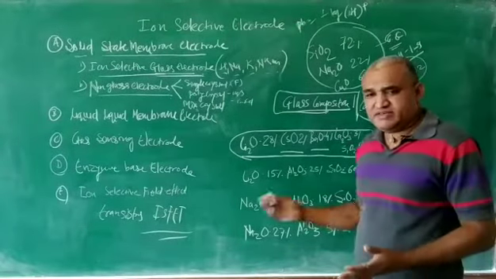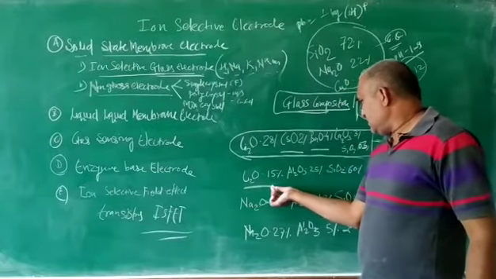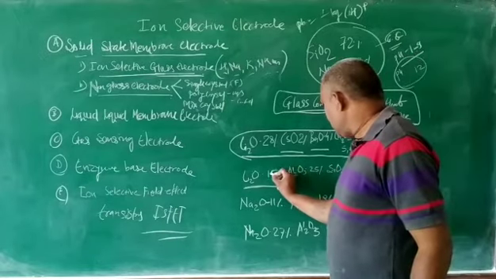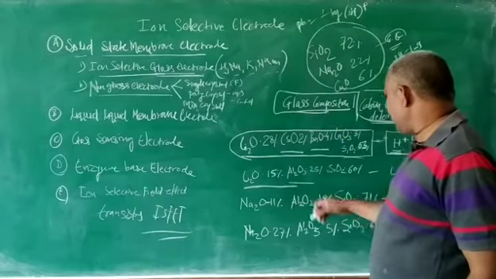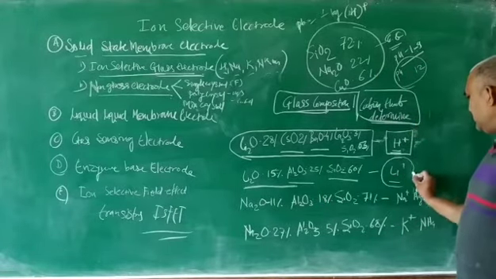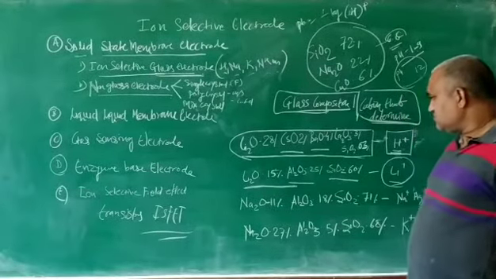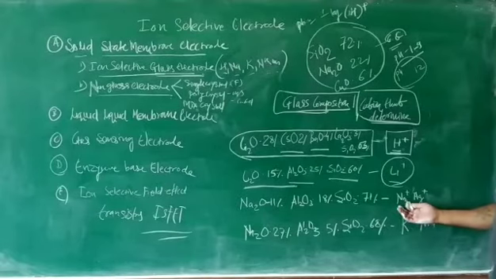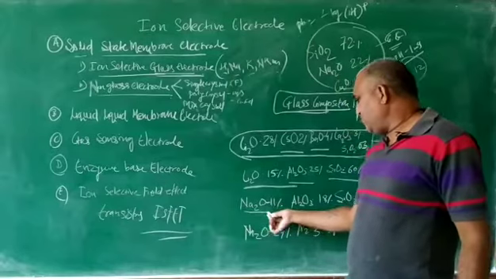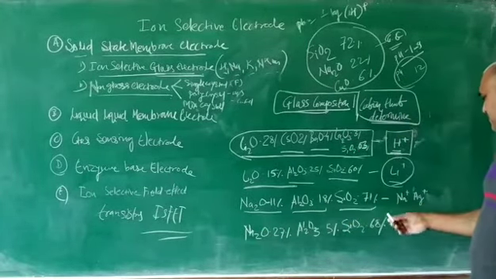So for checking lithium, we use this type of percentage. Here is lithium 15%, Al2O3 25%, SiO2 60% for lithium ion concentration. For sodium and silver ion concentration, we use Na2O 11%, Al2O3 18%, SiO2 71%.